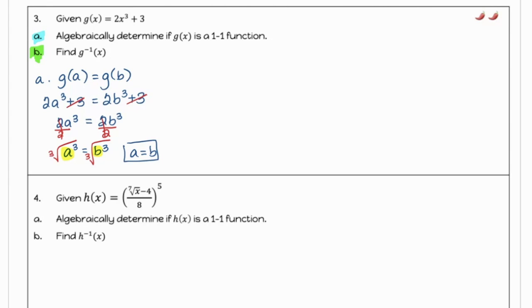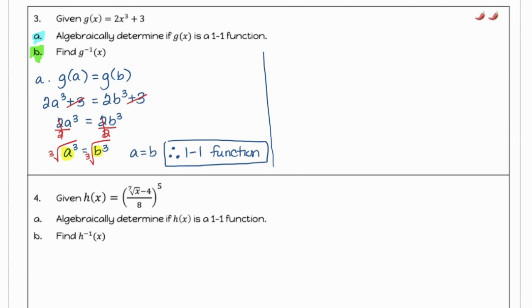Since I'm able to show that, I can say that we have a one-to-one function. Now that I have a one-to-one function, I could do that extra step of finding the inverse. So for part B, I'm going to start by changing my equation in terms of x and y. I'm going to swap at this point and solve for my new y.